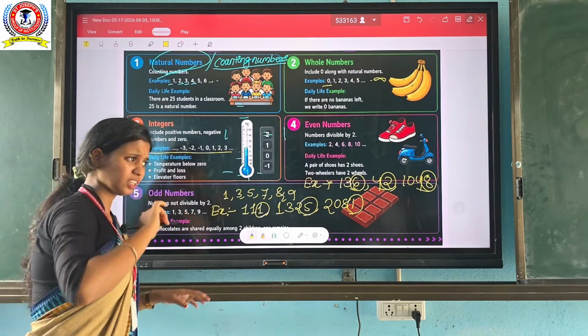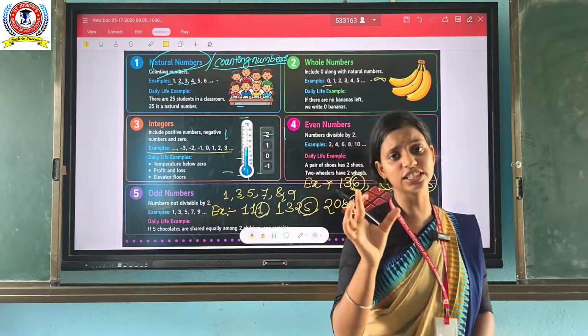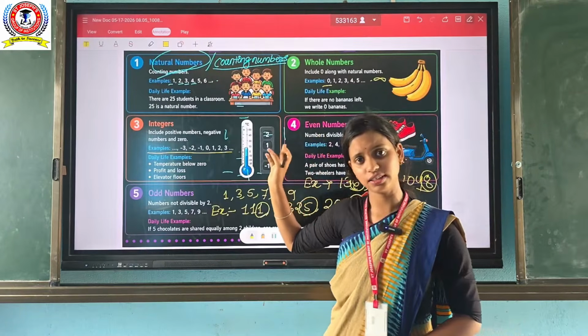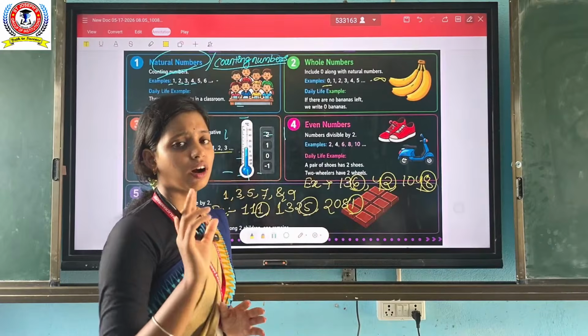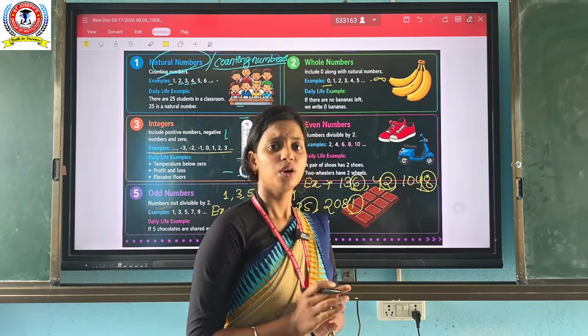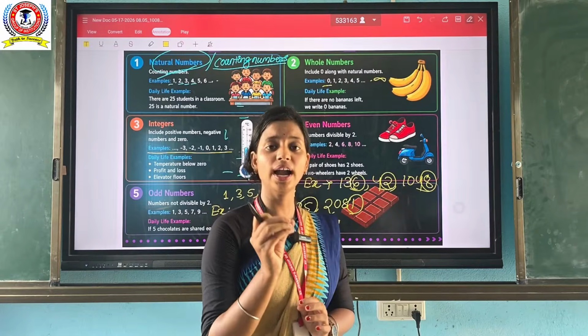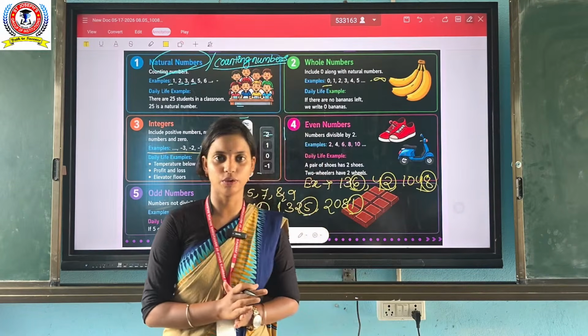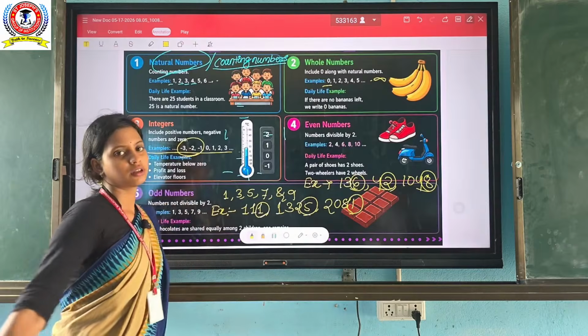Like whole numbers, what exists below 1? We get 0 as a whole number. So here one question arises: what exists below 0? There are negative numbers.